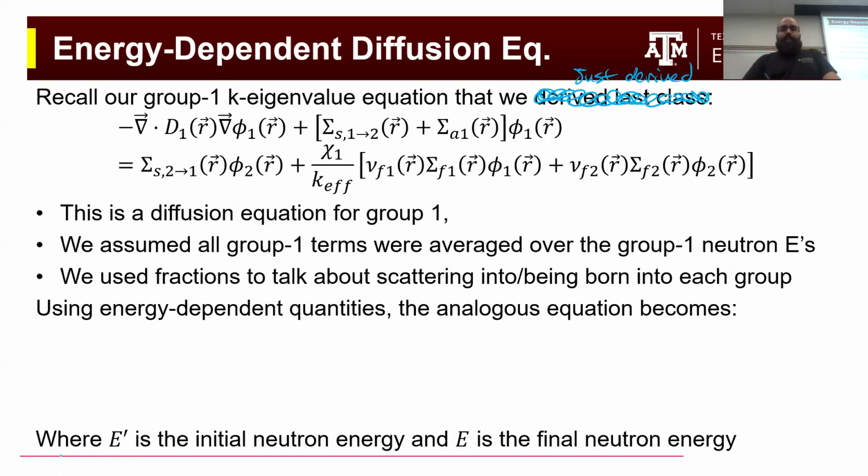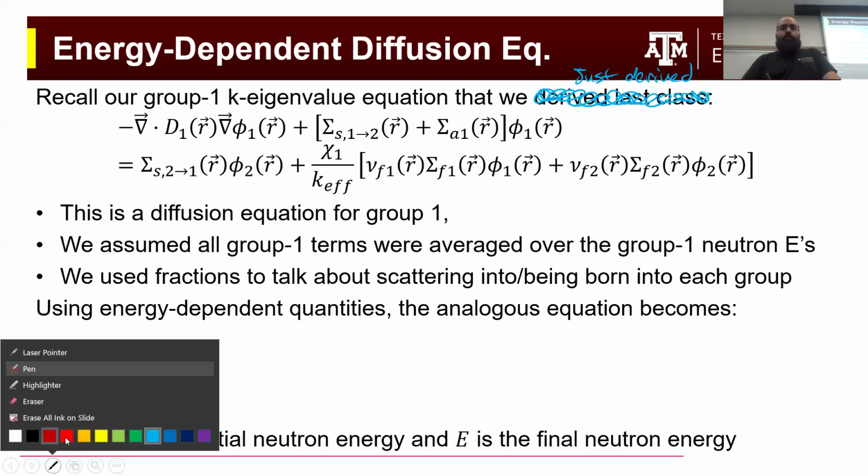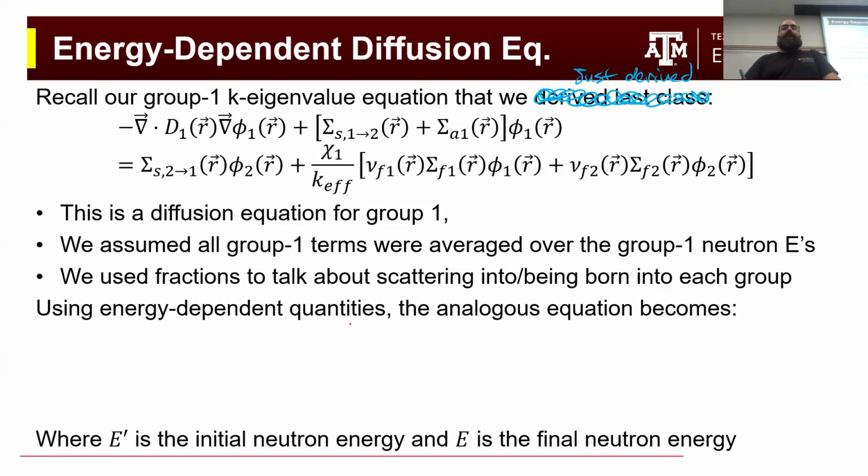So that's what I was going to write here, just showing what the corresponding energy dependent diffusion equation would look like. I'm going to have the negative of the divergence of my diffusion coefficient, and I'm going to actually use a bracket here.